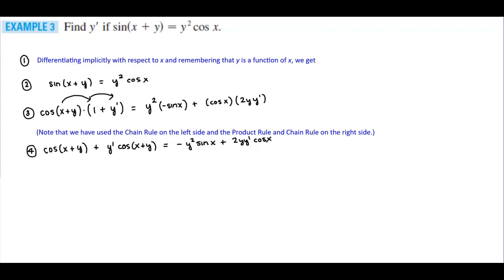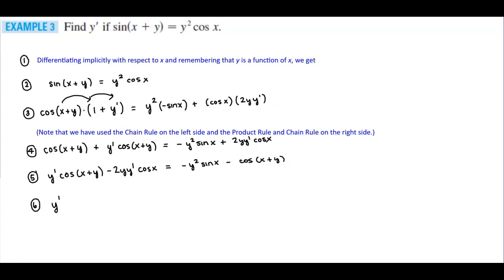Okay, so now we're going to collect all the y primes on the left side of the equation. So we have y prime times the cosine of x plus y minus 2y times y prime times the cosine of x. And then that's going to equal negative y squared times the sine of x minus the cosine of x plus y. Okay, now let's go ahead and factor out the y prime.